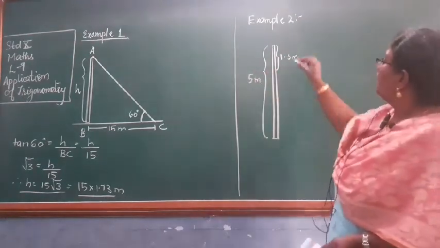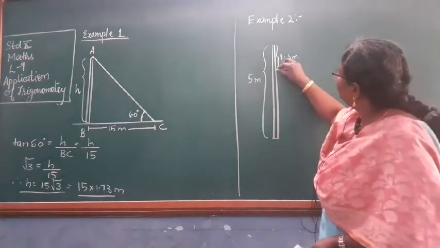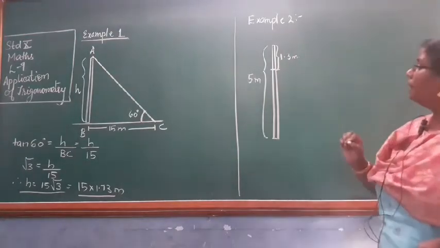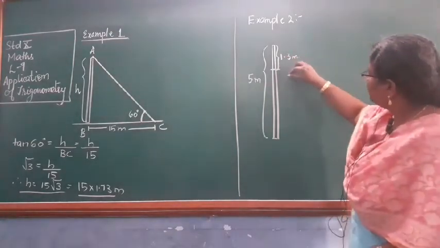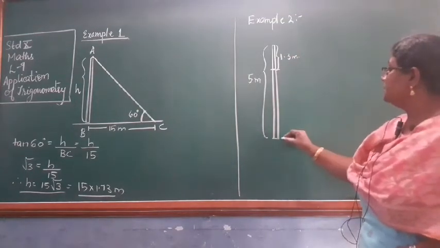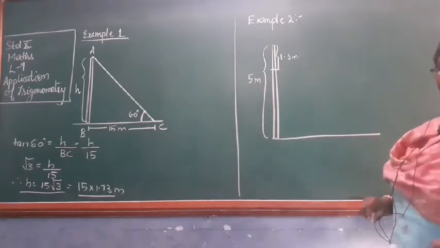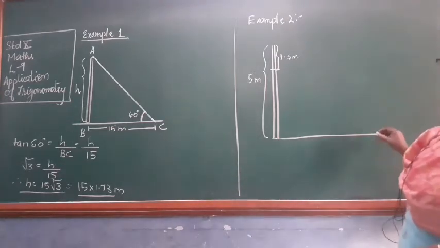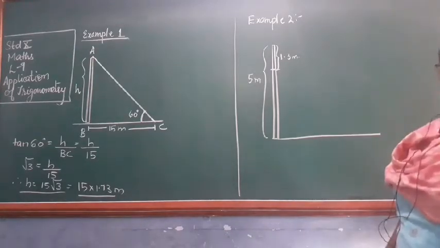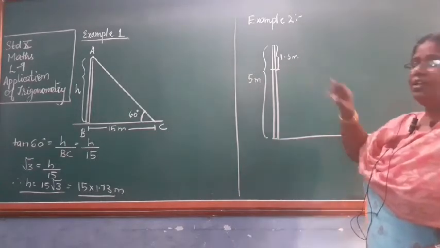Okay, and this much is 1.3 meters, and the fault has to be repaired at this position. Now what is the length of the ladder which has to be used so that... this is your ground level, okay, and from the ground level an inclination of 60 degrees has to be made with the ladder to this pole so that she can reach this position.